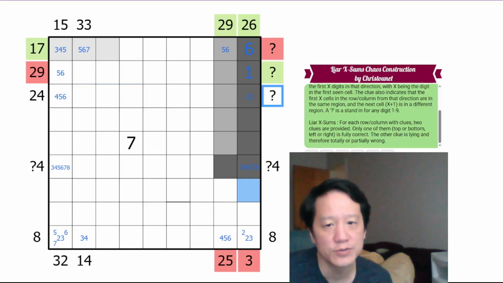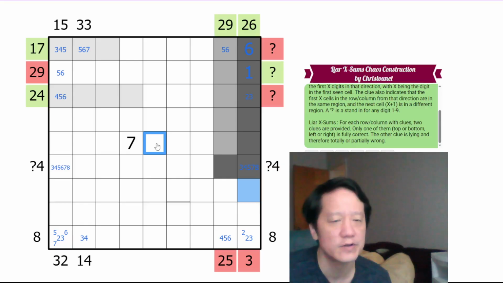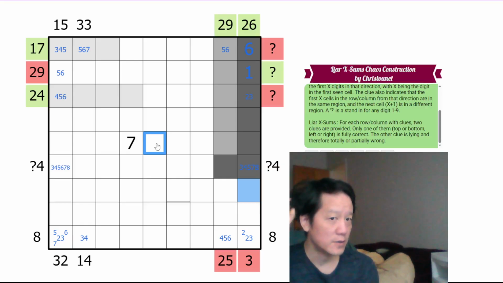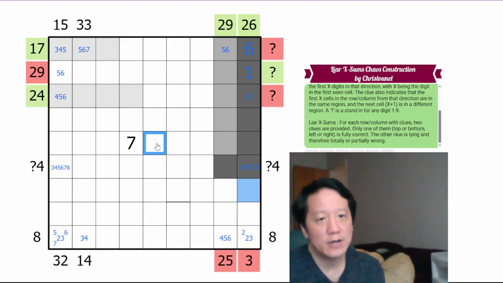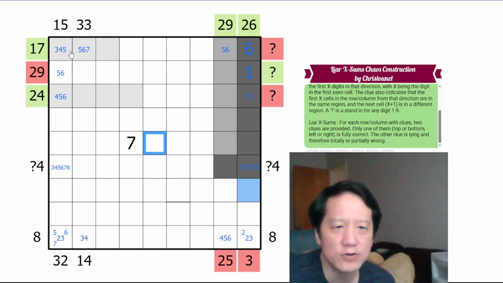This cannot be 2 or 3, so this is invalid, which means this must be valid here. So this must add up to 24. It could be the same region as this, so that could be valid. 33 I don't believe works.